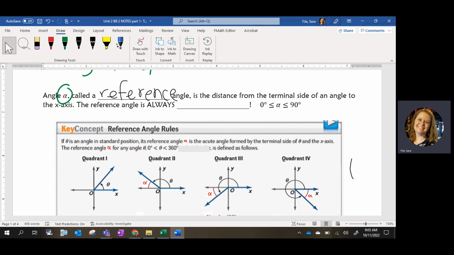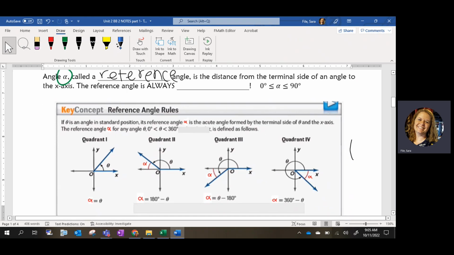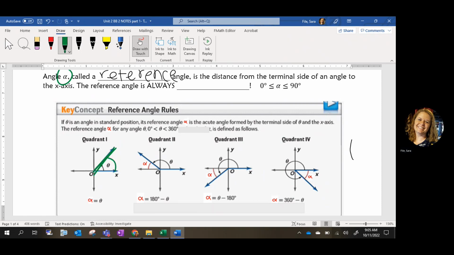So you can see here in this graphic, it shows angles in all 4 quadrants. In quadrant 1, this angle theta, this is the terminal side. That is the reference angle. The angle itself, theta, is also alpha. So in quadrant 1, your angle measure and your reference angle are the same.